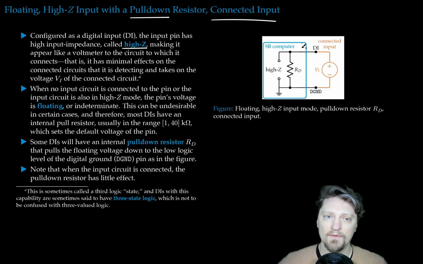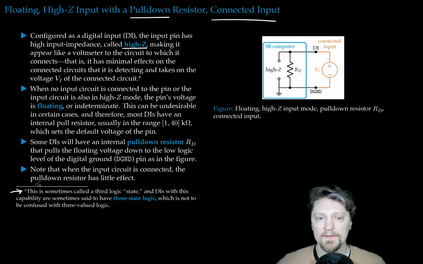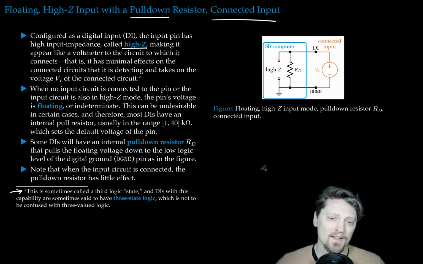So in this figure, we see the connected input. So we have some input voltage that is experiencing through this digital input a high impedance. The footnote notes the fact that this is sometimes called a third logic state, and DIs with this capability are sometimes said to have 3-state logic, which is not to be confused with 3-valued logic. So could be 1, 0, high, low, or high Z.